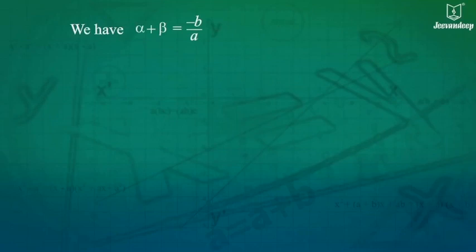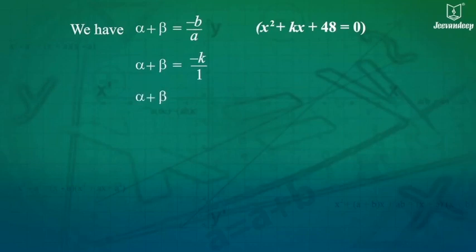As we know, alpha plus beta is equal to minus b upon a. Putting the values of b and a from the equation, we get alpha plus beta is equal to minus k upon 1. Alpha plus beta equals to minus k. Thus, 3m plus 4m is equal to minus k.